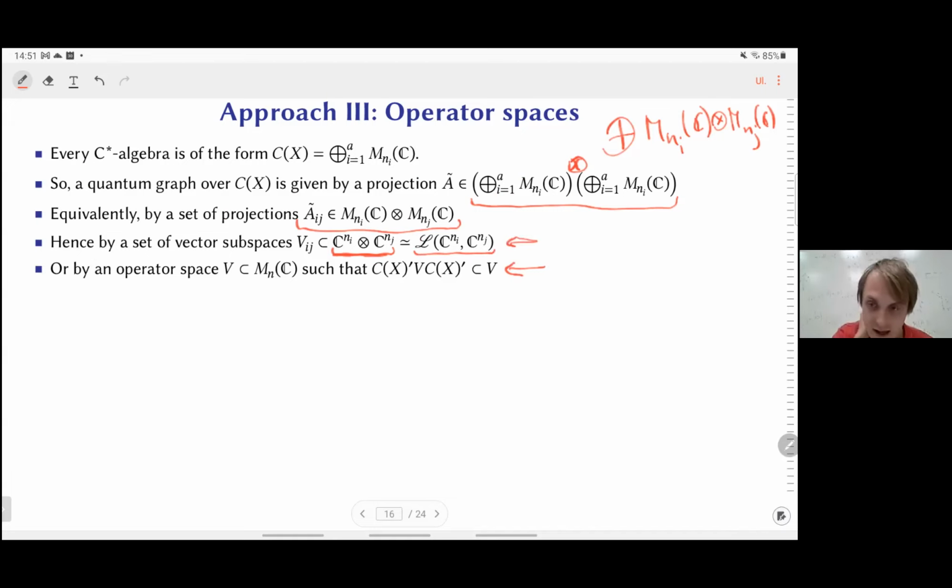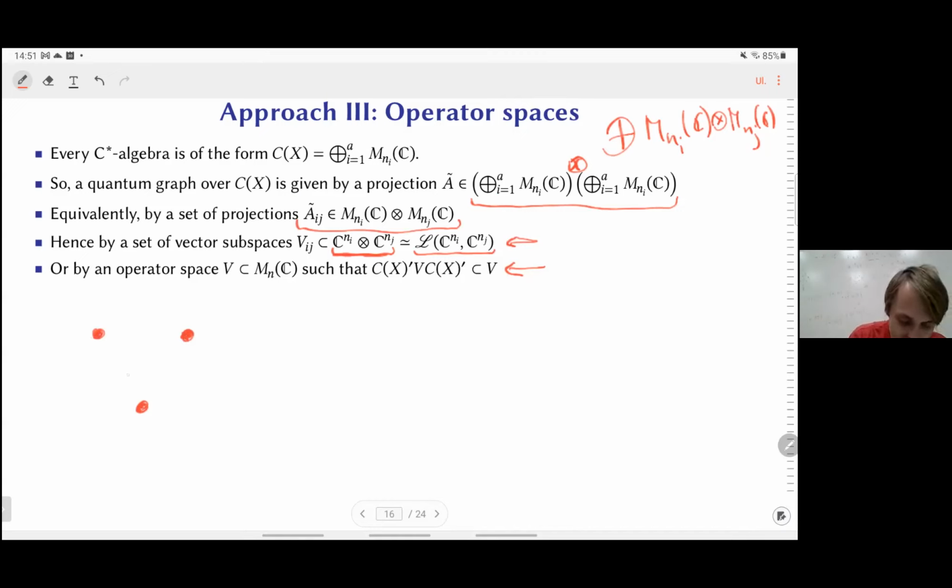So maybe to give you some idea of how quantum graphs look, this is a picture I tried to draw in my paper. I don't know how sensible it is, but I think it's good to have some kind of picture in mind, although it's slightly imprecise.